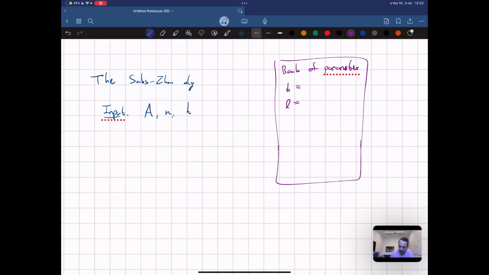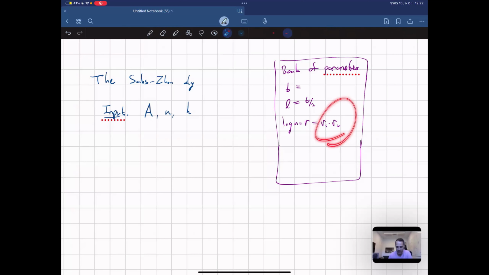It's at most T, and we need it to be close to T, so let's take it to be T over 2. We are going to have R, which is just a shorthand for log n, equal to R1 times R2. We are going to need to figure out what R1 and R2 are. They're going to be square root of log n, but you'll see.